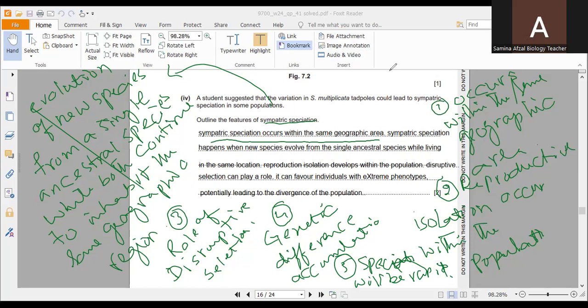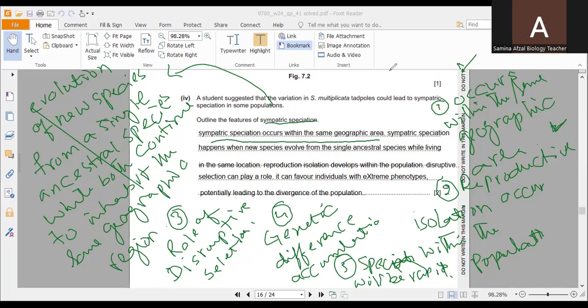Different groups of tadpoles might be evolving while living in the same geographical area, and reproductive isolation can take place due to different factors. So this implies that even within the same pond, different groups of tadpoles might be evolving reproductive barriers due to factors like habitat specialization.